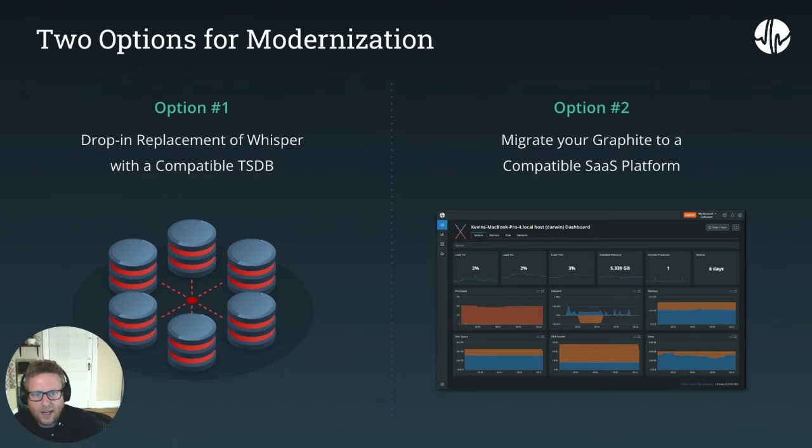The second option, shown on the right, is a partial or complete overhaul of your existing Graphite ecosystem. Within this model, which is certainly a more significant step, you more or less get to keep what you like about Graphite, and you get rid of what you don't.